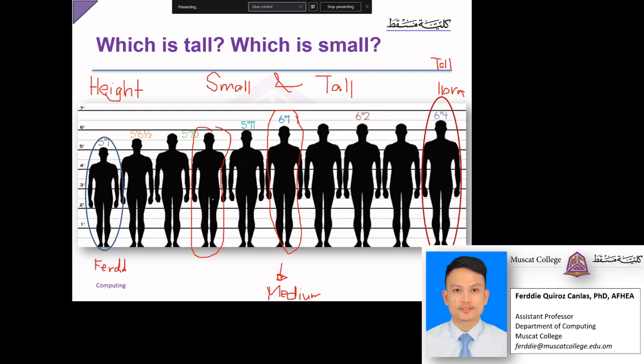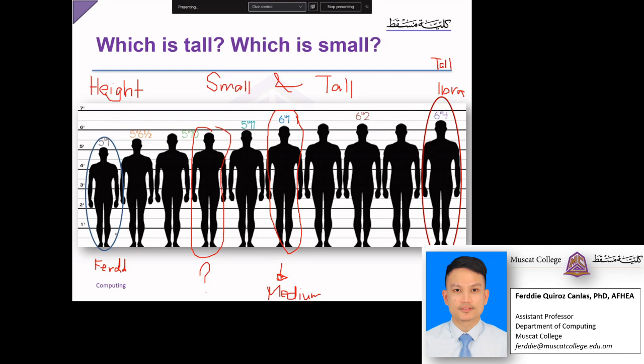Is he small or medium? It's a big question mark, right? Doctor, tell me, please. He is small if we take from the right side.